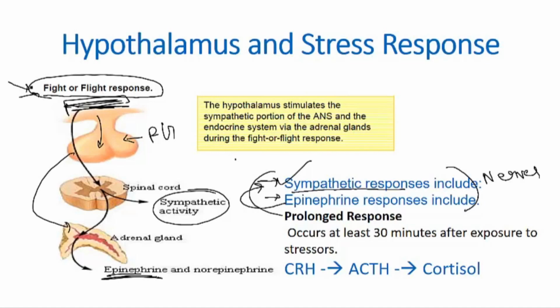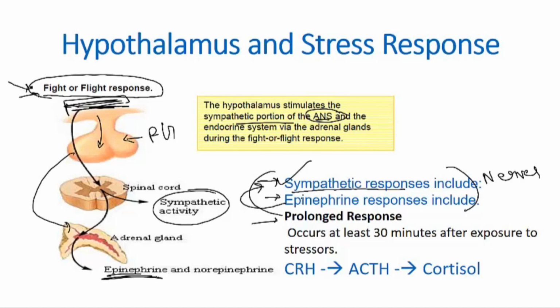But there is also another type of response known as the prolonged response, which can take more time. The fast response occurs very, very fast because the hypothalamus stimulates the sympathetic portion of the autonomic nervous system, and the endocrine system also via the adrenal glands during this fight or flight response.